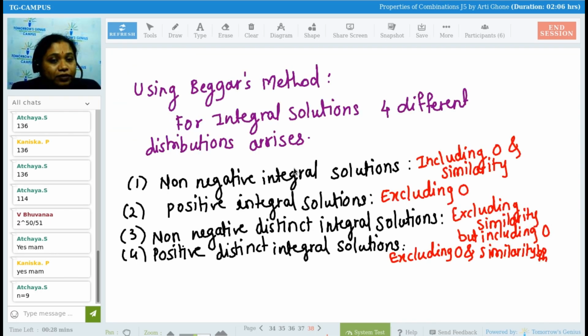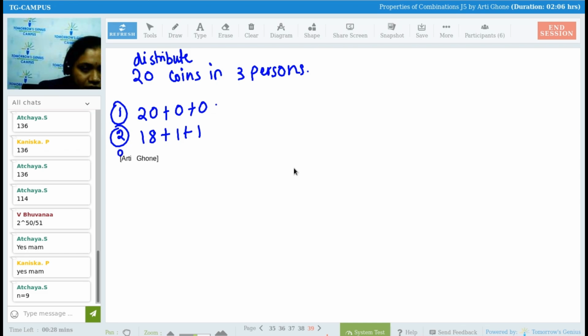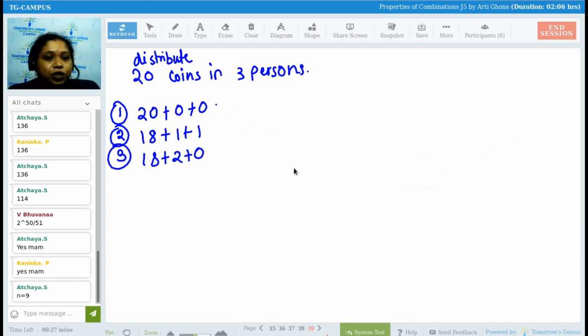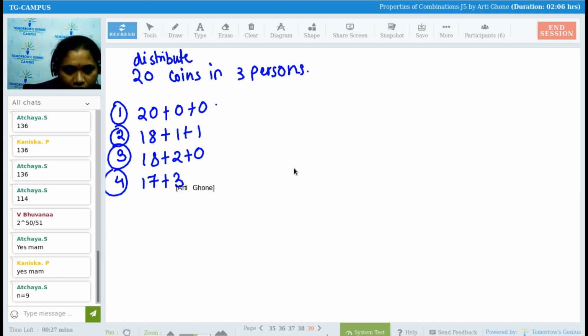Okay, non-negative distinct integral solution. So what does it mean? We are taking zero, fine, zero is fine, but similarity is not fine. So we can say 18 plus 2 plus 0. 0 is acceptable in this case. And the last one, excluding 0 and similarity both. So what will be the answer? I have to take 17 plus 2 plus 1. Clear the meaning of all 4 cases? So when they are asking a very particular case, you have to be particular with your formulas.